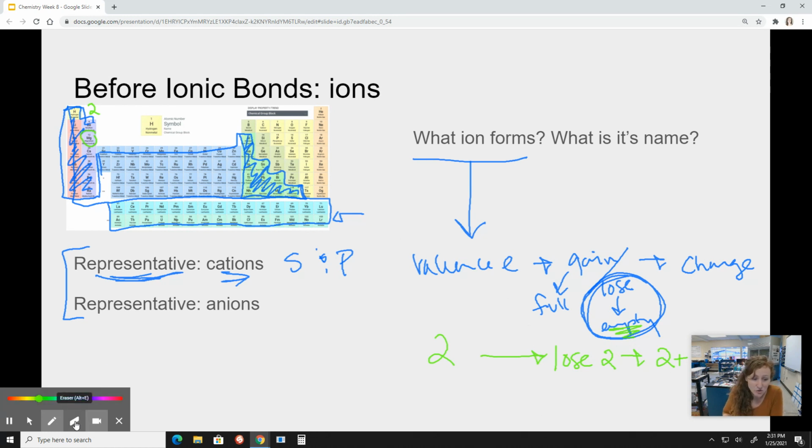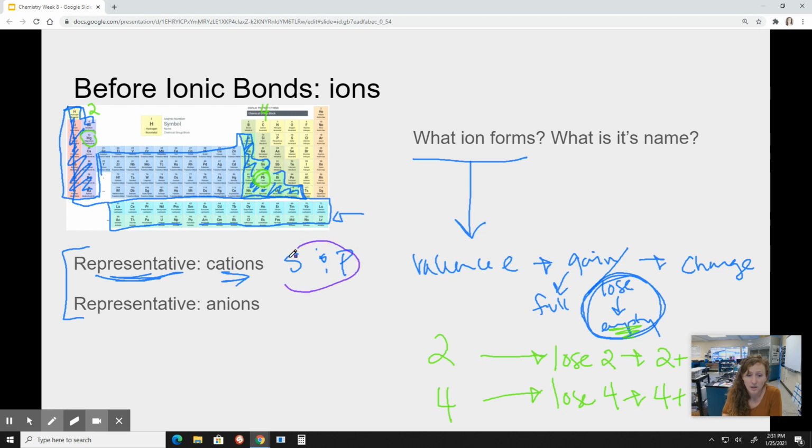Now the same is true for things down here, like if we look at lead, for example. Lead is in the carbon family. The carbon family is going to have 4 valence electrons. So lead is going to lose 4 electrons, and it will have a 4+ charge. So you know how to determine what ion forms for the representative cations, for the representative metals, those S and P block metals.